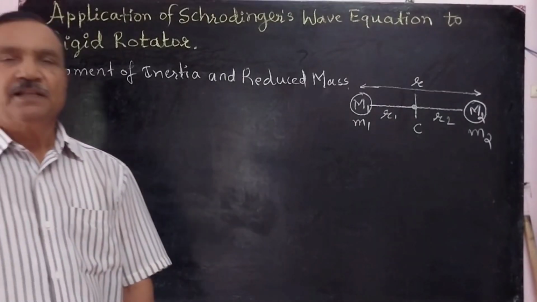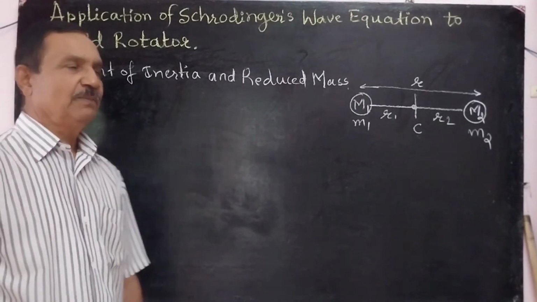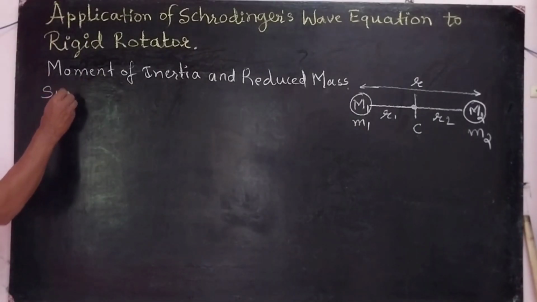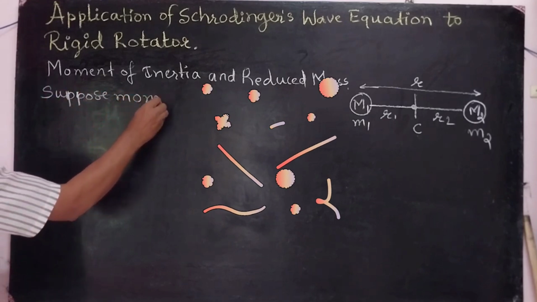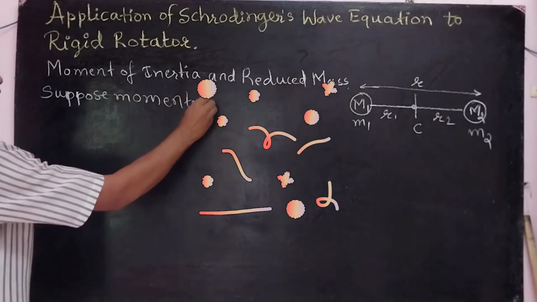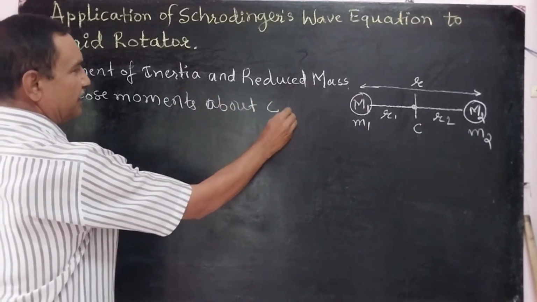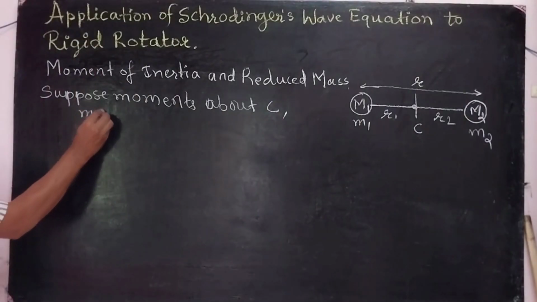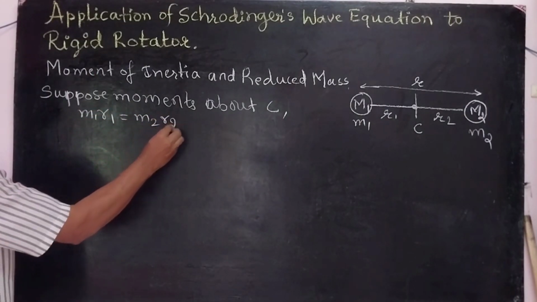Now let us derive the expression for the reduced mass and moment of inertia. Suppose moments about C, that is m1 r1 equals m2 r2.